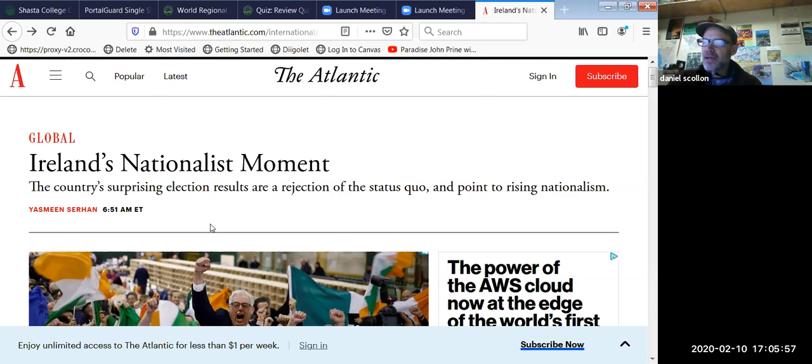The IRA was an underground organization associated with the political party that won elections, and it carried out a campaign of bombings and other actions aimed at pushing the United Kingdom out of Northern Ireland. In other words, to reunite the island of Ireland under the single flag of the Republic of Ireland.